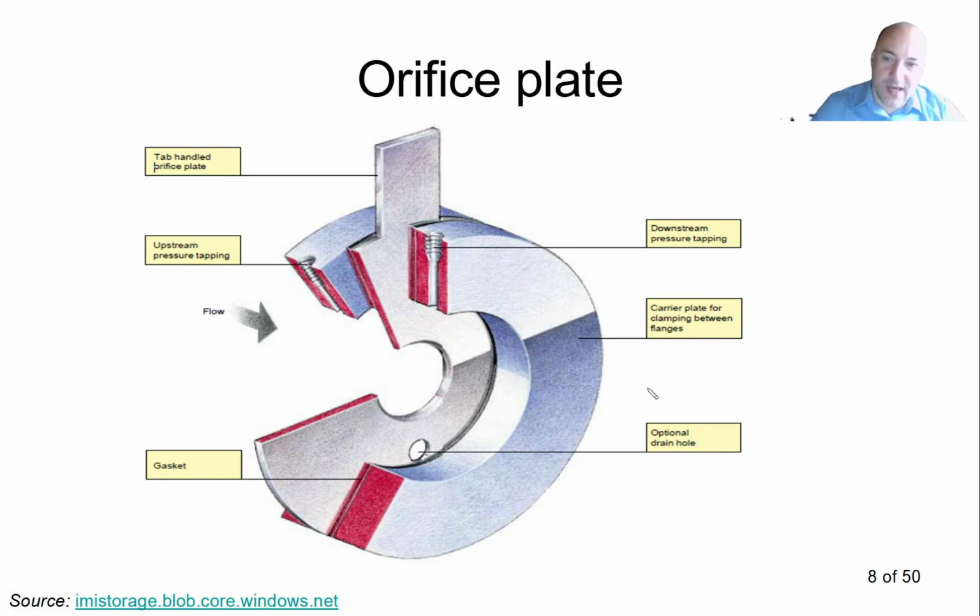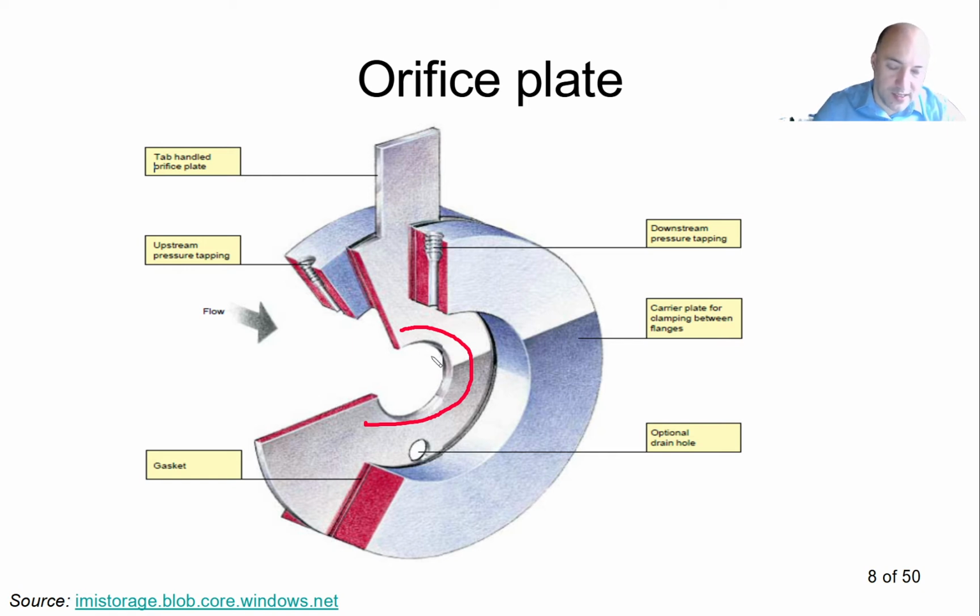This is a picture of how an orifice plate looks. It's a detail of an orifice plate, a partially cross-sectional view. So we can see here that this is the orifice plate. It's nothing else than a sheet of metal, for example, that is obstructing the flow. Here we have the opening in the middle with some specified geometry and specified diameter.